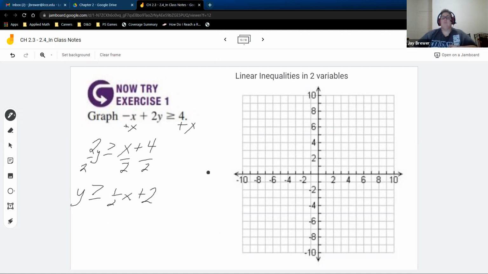Okay, so what we're going to do first is graph this as if it were a normal equation. So we're going to go to 2 on the y, and then we'll use the slope.